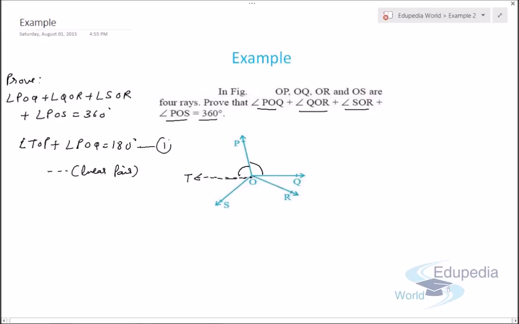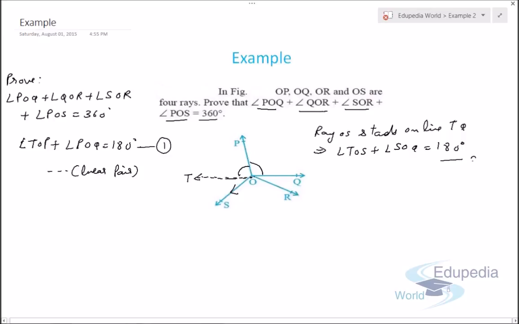Let's make this equation 1. Next, ray OS also stands on line TQ. So ray OS stands on line TQ, which implies angle TOS plus angle SOQ will be equal to 180 degrees.